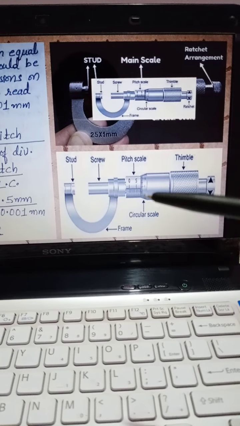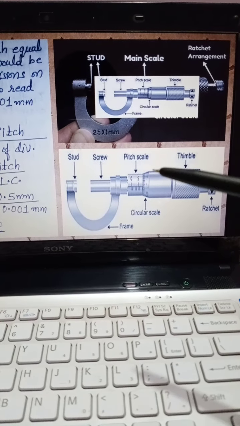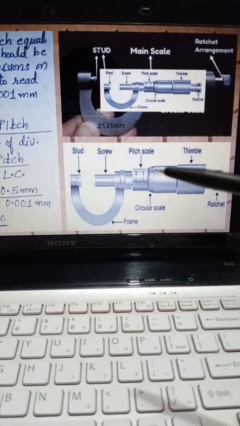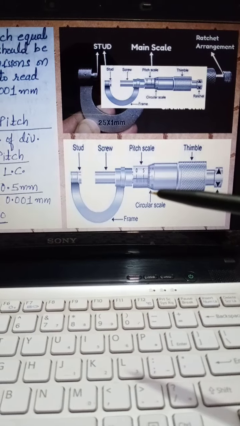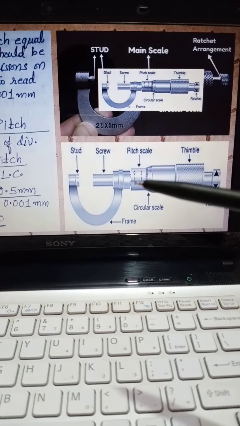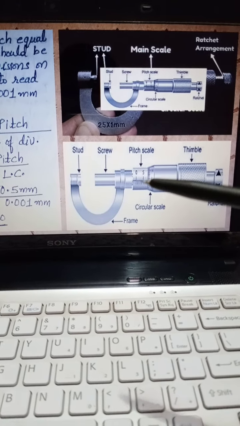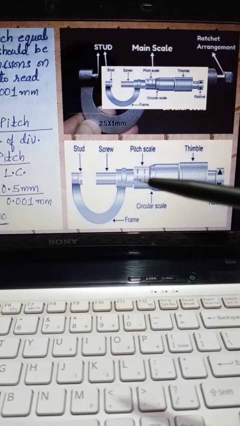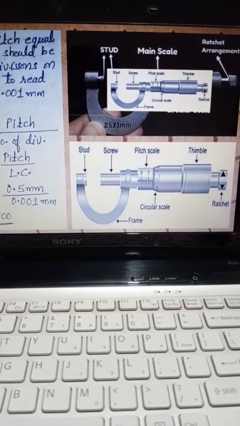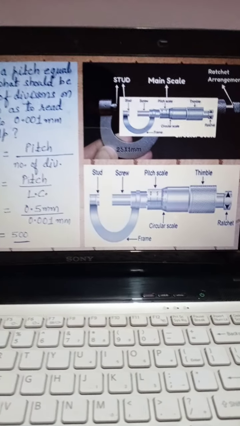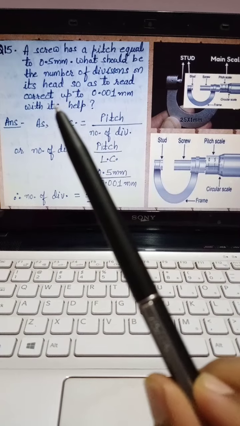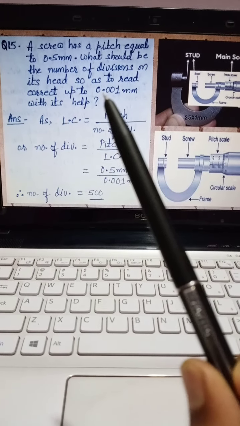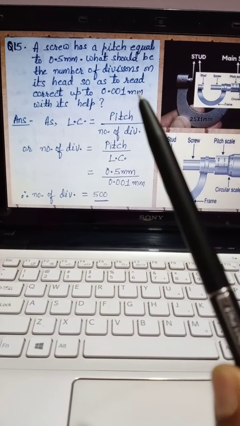So when this circular scale rotates one time, the 500 divisions rotate from 0 to 500. Then it is going to advance on the main scale by only 0.5 mm. This is the pitch of the screw gauge, and as well it gives the correct reading up to 0.001 mm.